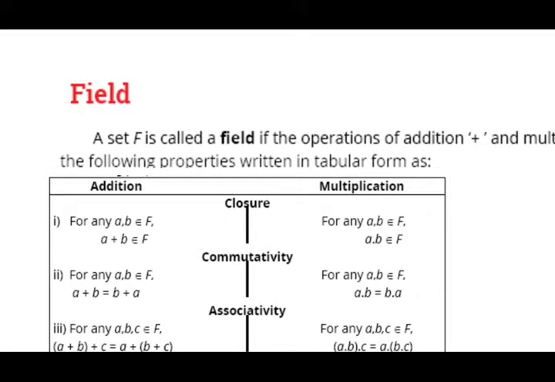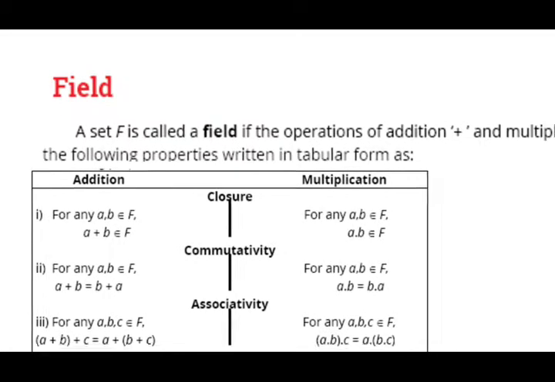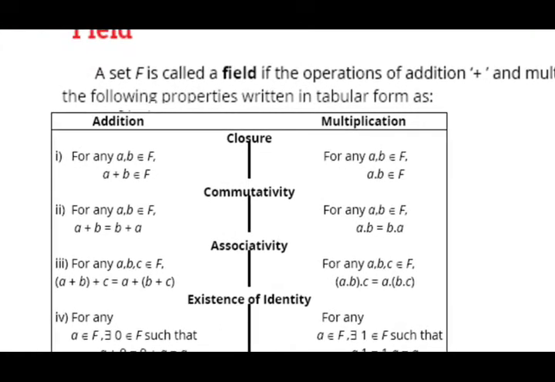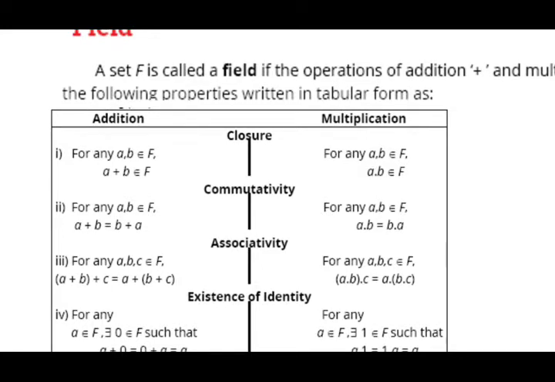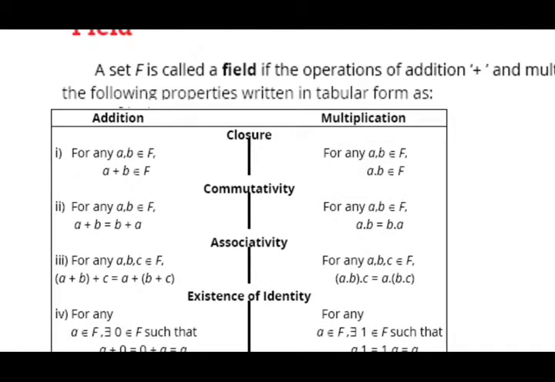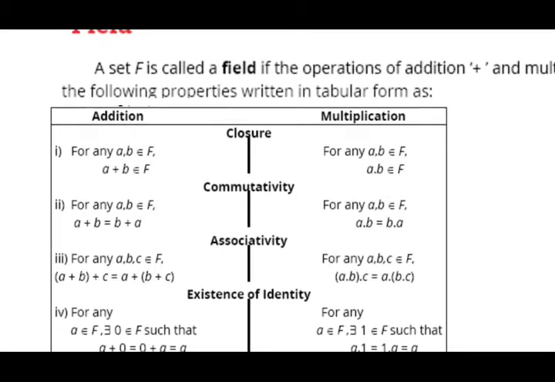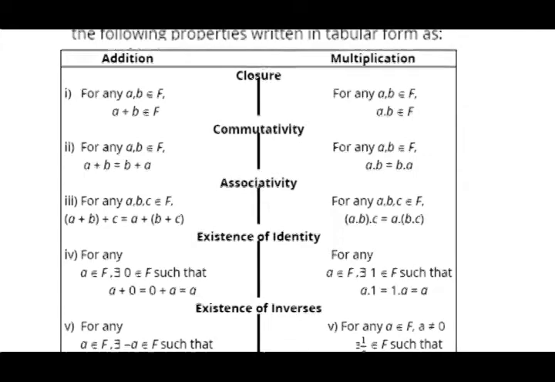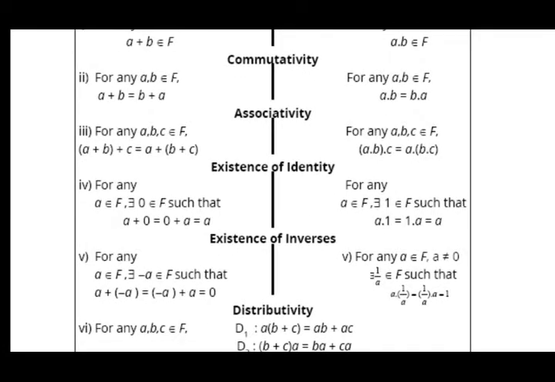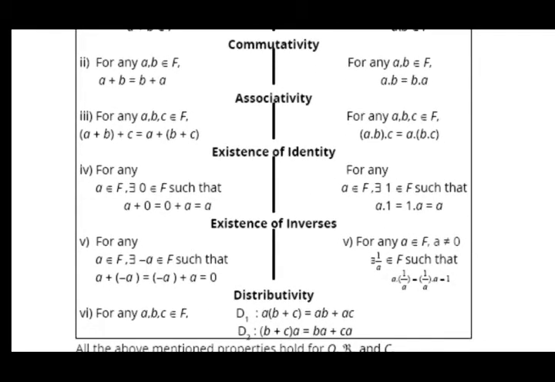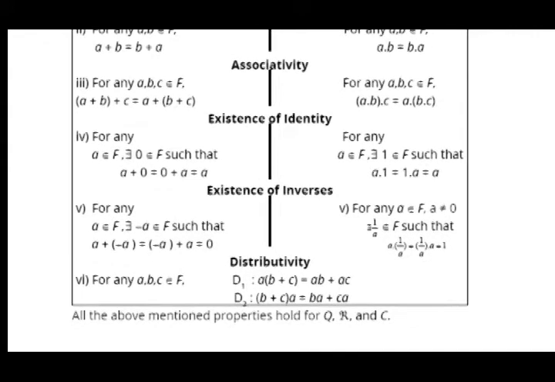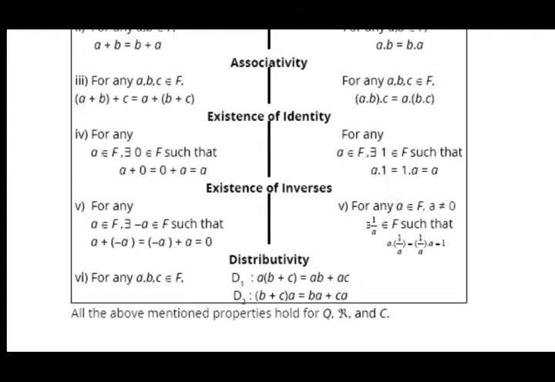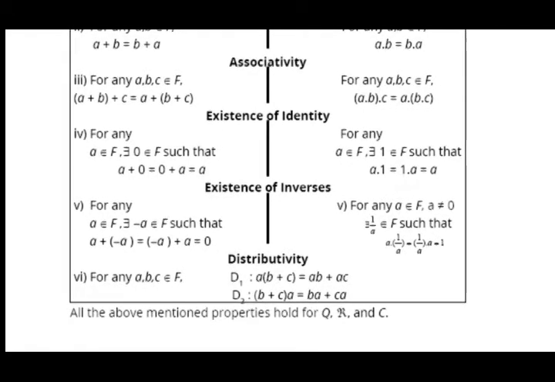The set F is called a field if the operations of addition and multiplication on F satisfy the following properties. First is closure with respect to addition and multiplication, commutative property, associative with both operations addition and multiplication, identity: 0 and 1 both hold in this set, and then inverse.